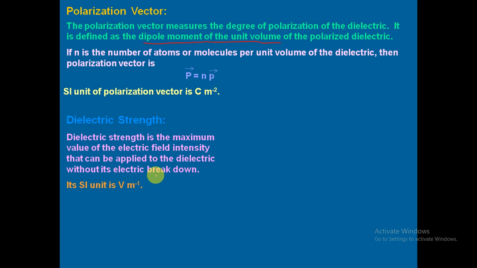So this is the maximum value of the electric field which we can apply without electric breakdown. That is the dielectric strength. The SI unit is volt per meter. Its practical unit is kilovolt per millimeter.